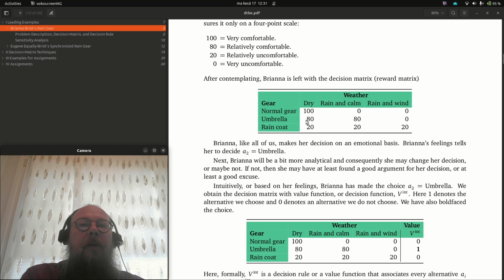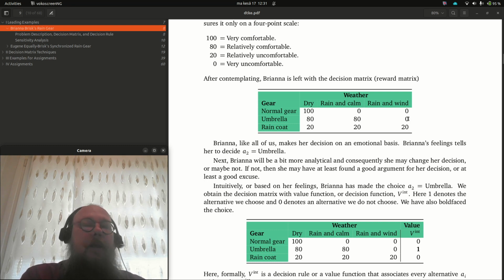Umbrella, for dry weather it's 80. I mean, it drops from 100 to 80 because it's slightly annoying to carry the umbrella, but it's still okay. Rain and calm is also 80, the same thing, it's slightly annoying to carry, but if it's calm and raining, you basically stay dry, so it's a relatively comfortable choice.